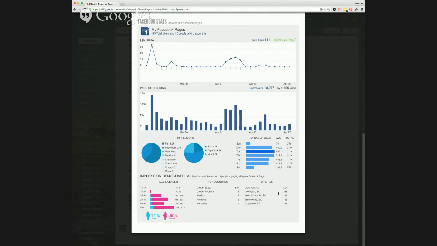So this makes sense that is where the highest engagement is taking place on Facebook, specifically to people, primarily women, as you can tell over here, of women in Columbia with over 2,000, right at 2,000. Second is Lexington with 268, West Columbia, then followed by Blythewood, then followed by Greenville, South Carolina.